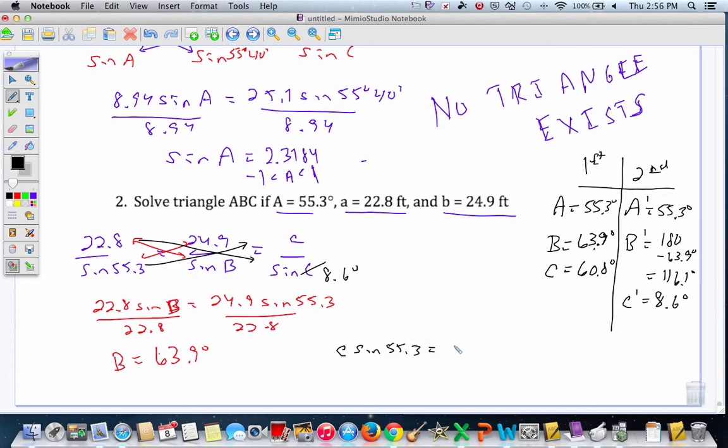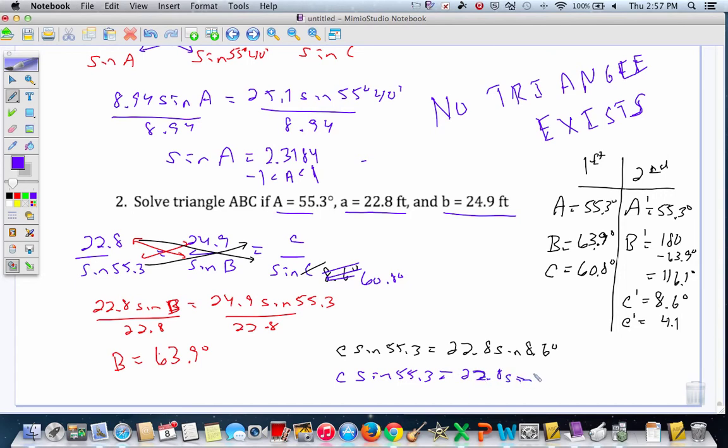So we cross multiply with the first and the last, and I would have C times the sine of 55.3 equals 22.8 times the sine of 8.6. I'd solve for that side, and side C would be about 4.1. And then I would repeat the process. I get rid of this 8.6 and use the 60.8 degrees and cross multiply again.